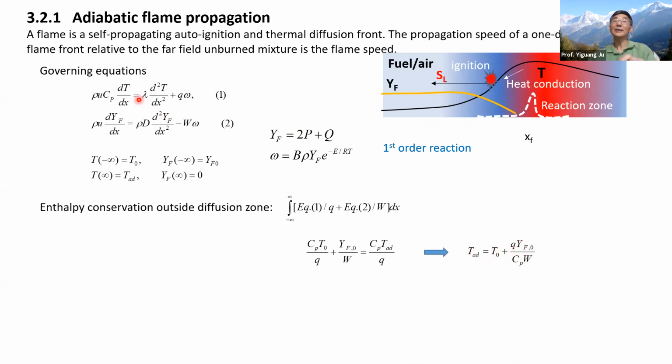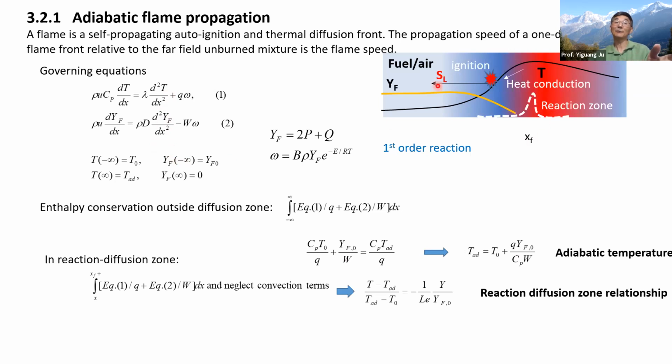If you integrate this equation from right before the flame front to right after the flame front, you get this kind of reaction diffusion zone relationship between the temperature and the fuel mass fraction.